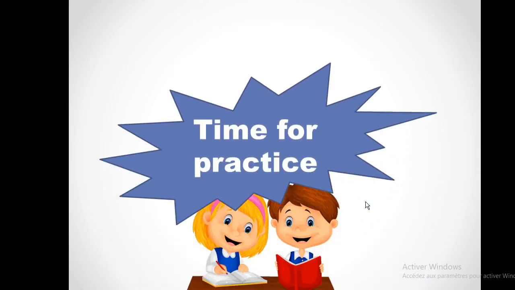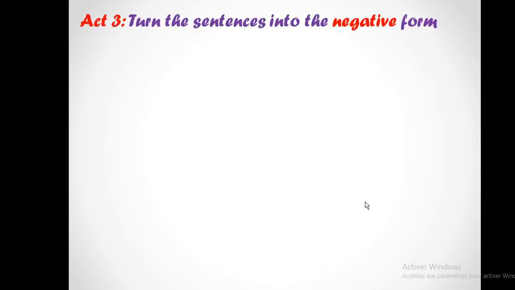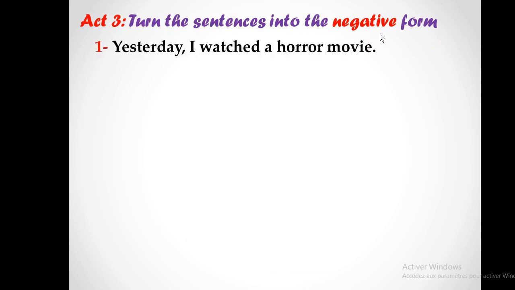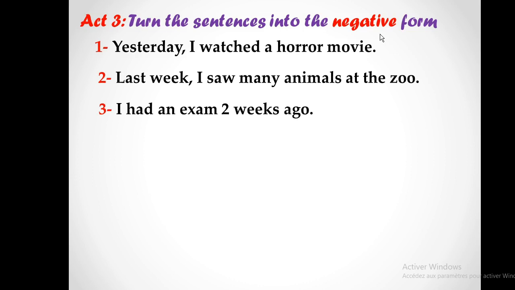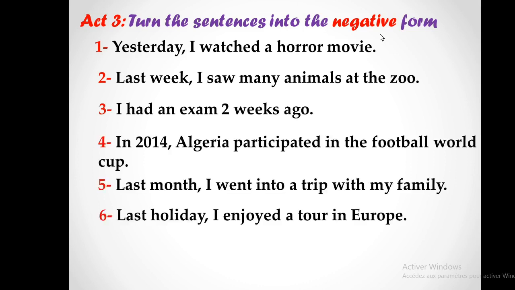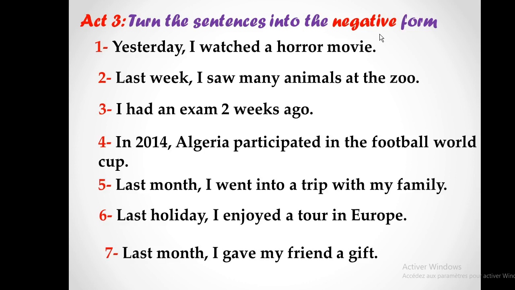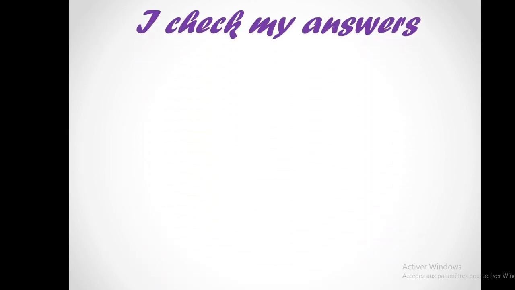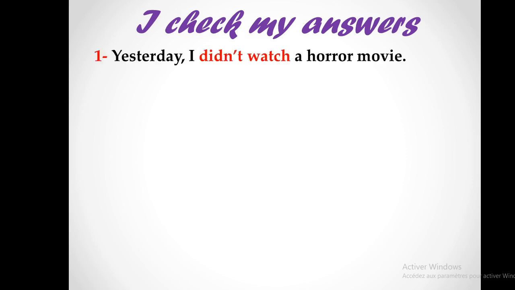Continue. Time for practice. Activity 3. Turn the sentences into the negative form. So pause the video, do the activities, and we are going to correct together. So I check my answers. Yesterday I didn't watch a horror movie.